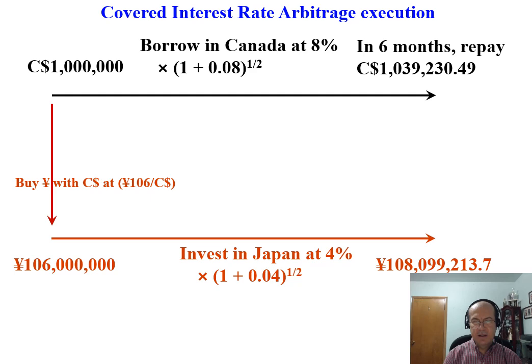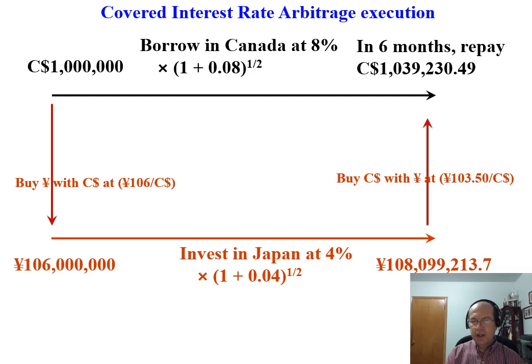So as a result, in 6 months, the trader will have 108,099,213.7 Japanese yen. And now there is no uncertainty associated with the future exchange rate because the trader entered the forward contract at time 0. So now we need to convert this Japanese yen into Canadian dollars by using the forward exchange rate.